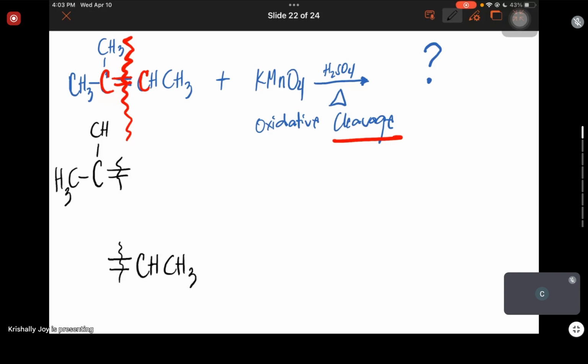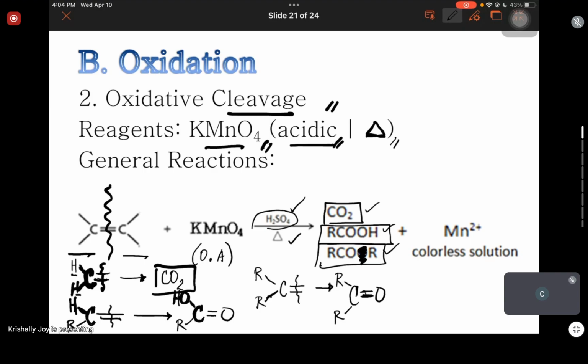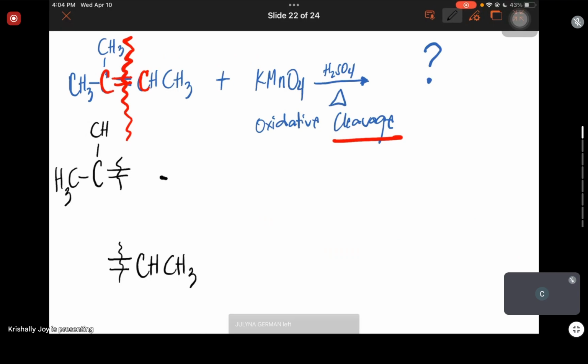Class, kung kanang cleaved portion nga carbon puro hydrogen naka-attach sa iya, automatic, yung isang product is carbon dioxide. Pero kung may isa siyang hydrogen, mahimo siya carboxylic acid. Sige, let's assess. This cleaved portion, you tell me, this carbon, di ba?